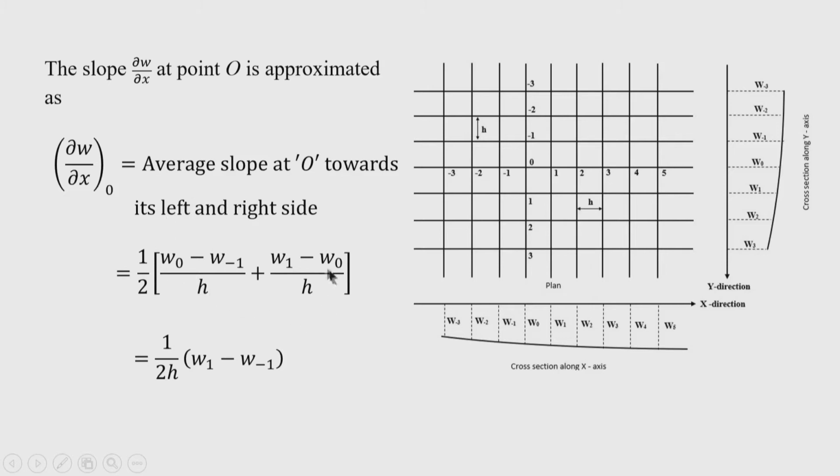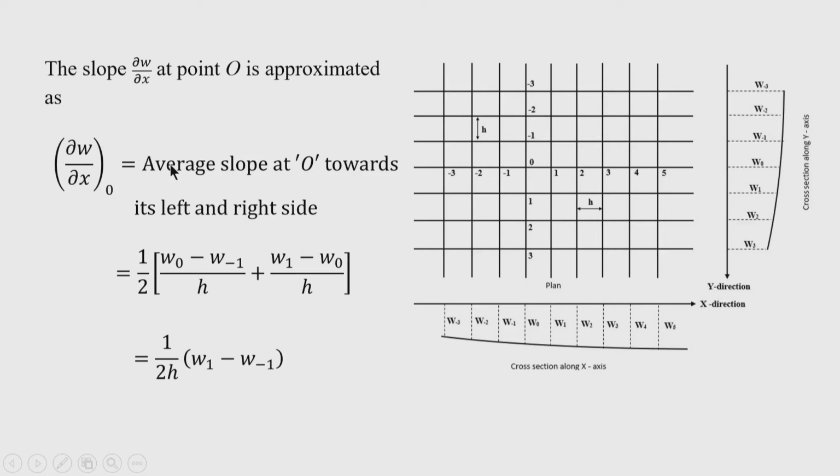After doing this algebra, we ultimately get the slope at O in the nodes. If the deflections at nodal points 1 and minus 1 are known, then it can be calculated as W 1 minus W minus 1 divided by 2h. So, this is the finite difference form of the slope.